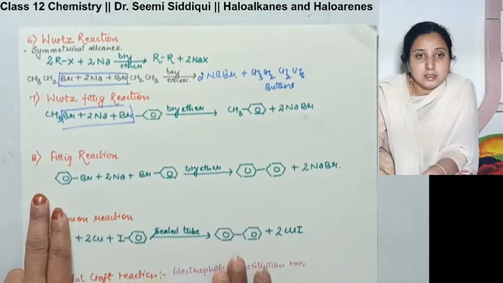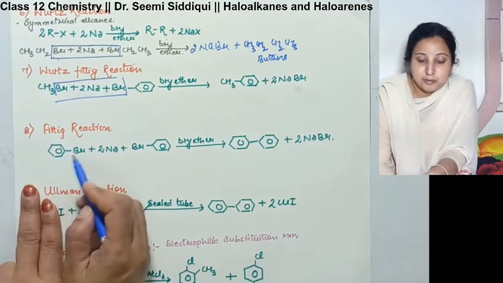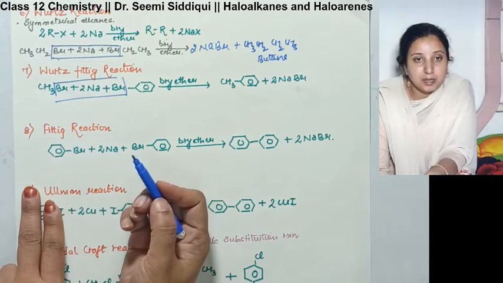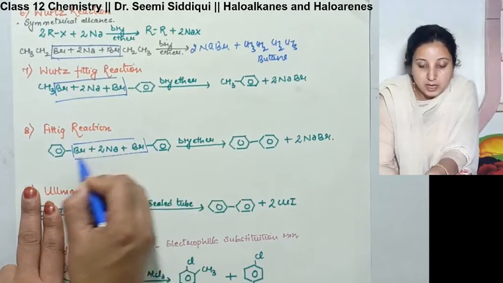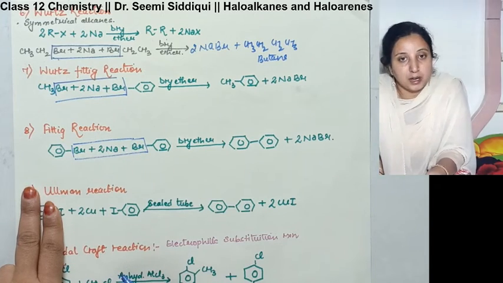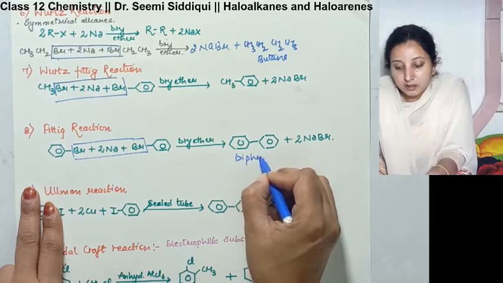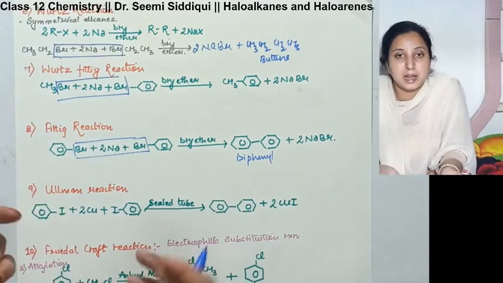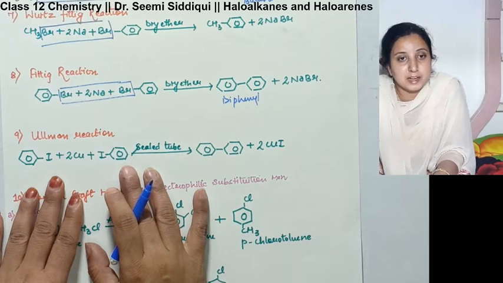Okay, the third one over here is your Fittig reaction. Fittig reaction के अंदर दोनों आपके arenes हैं. Now over here is also what is happening, NaBr is coming out and we are getting a diphenyl dimer बन जाएगा.